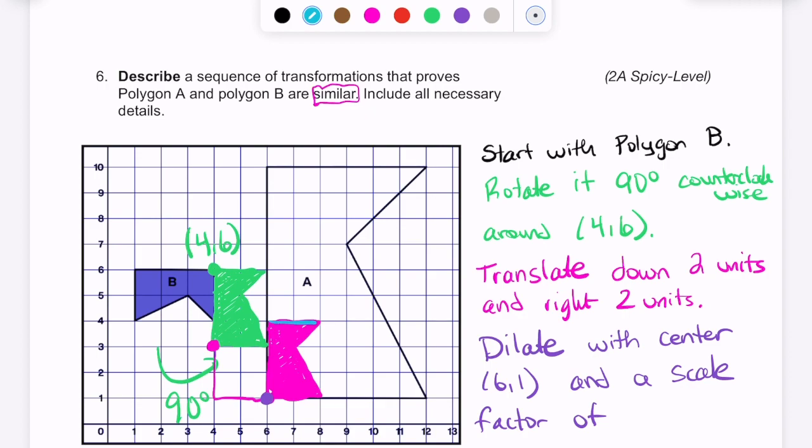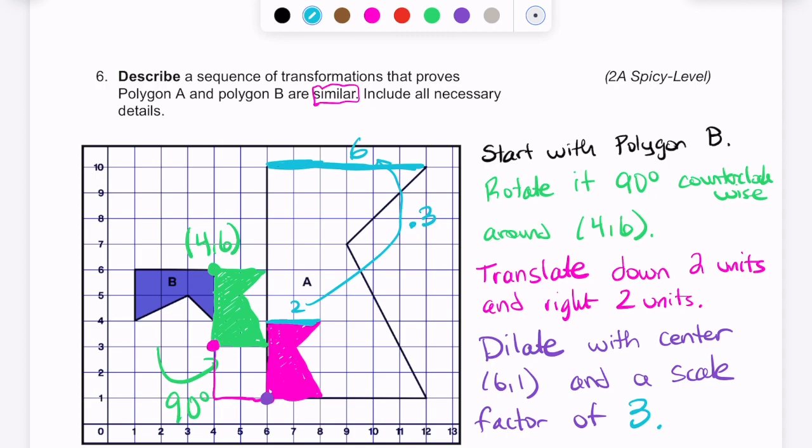This is 2 units right now, and that needs to match up with this, which is 1, 2, 3, 4, 5, 6 units. So I need to get from 2 to 6. 2 times 3 is 6. So my scale factor has to be 3. I'm getting 3 times as large.